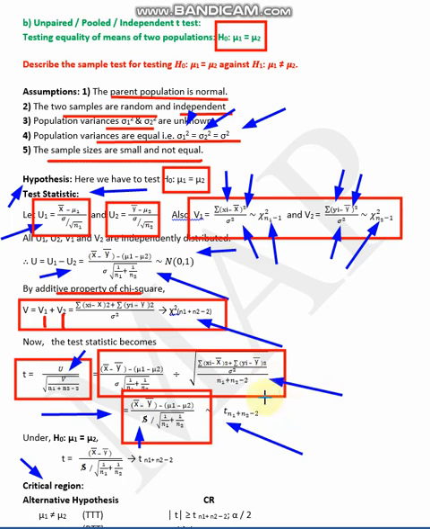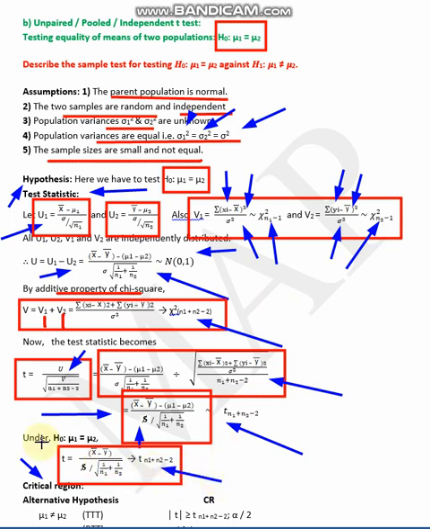So take the square root of this, and that gives the value of s, and from this we can get the value of our t. The final test statistic becomes t is equal to x bar minus y bar divided by s times square root of 1 upon n1 plus 1 upon n2, which follows t with n1 plus n2 minus 2 degrees of freedom.